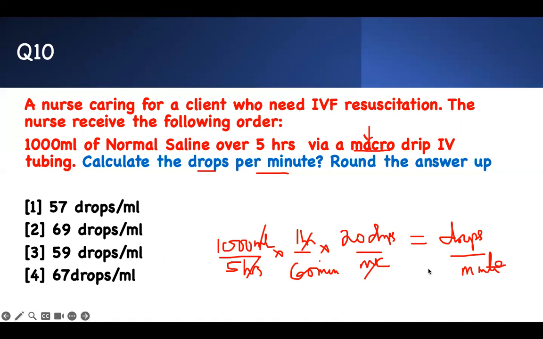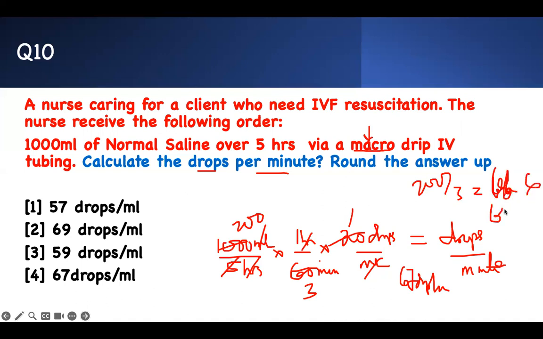When you run it up, you get 67 drops per minute, because this will go here and this will be 3, and this will be 200. So 200 over 3 is 66.6, which is 67 drops per minute. And therefore the answer choice is this. If you have a problem, check it out in class.